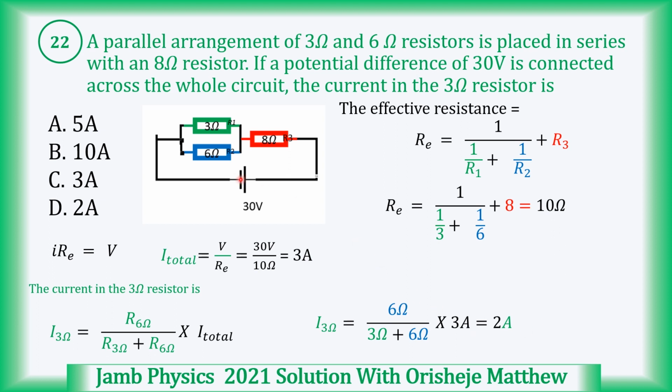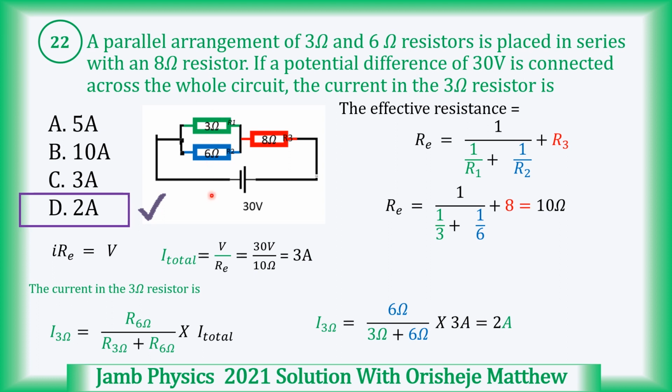Another method is to find the voltage across this one. The current is 3 ampere, so use it to multiply this. The voltage across the 8 ohm is 24 volts. So subtract 24 volts from 30, and you are left with 6 volts.